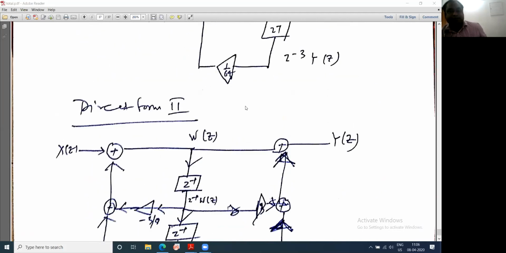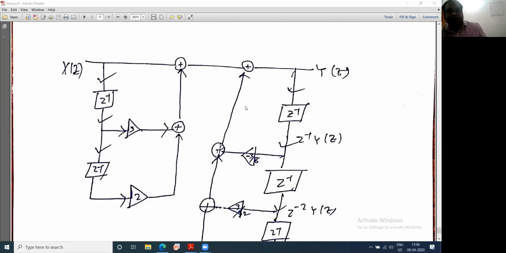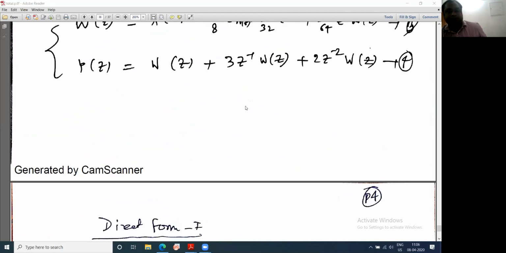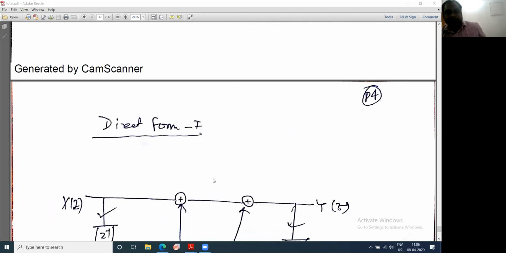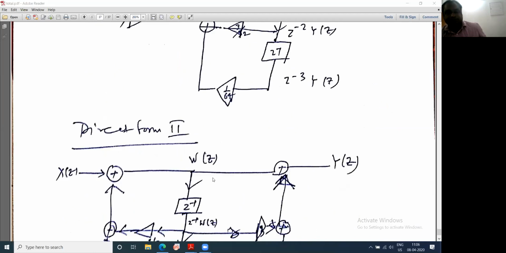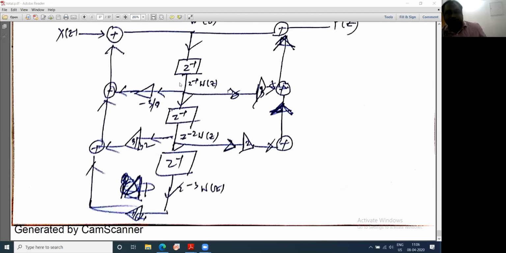Now you have to realize this part. Realize this part means Y(z), which equals W(z) plus 3 z inverse W(z) plus 2 z power minus 2 W(z). If you realize here, this is z inverse W(z), because W(z) here, this is z inverse.